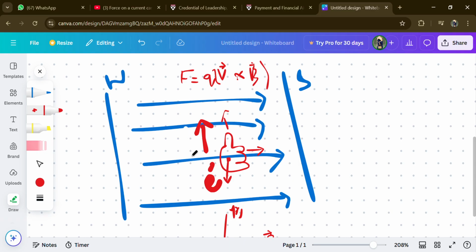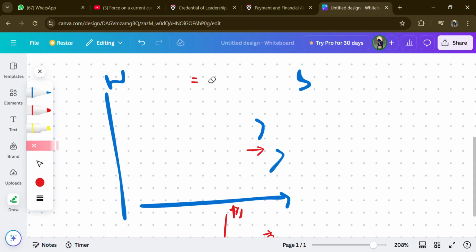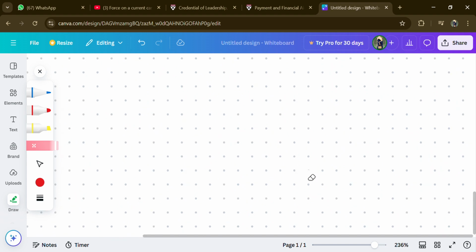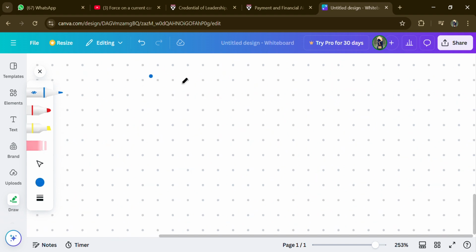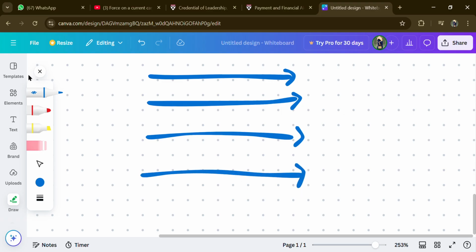What if I say that this isn't a single charge that is moving? Now we are talking about a proper, okay, let me redraw it. In the same circumstance, this is the magnetic field, and now a current carrying conductor.